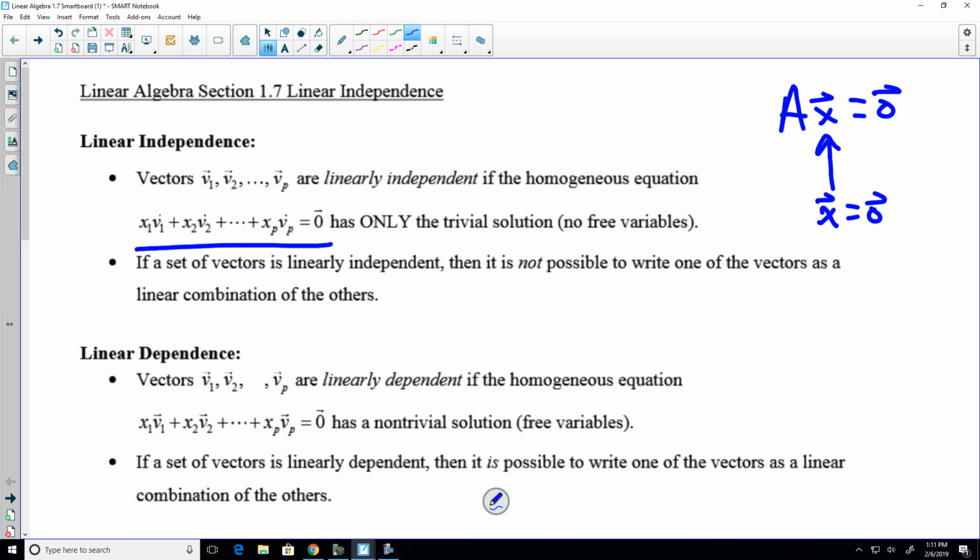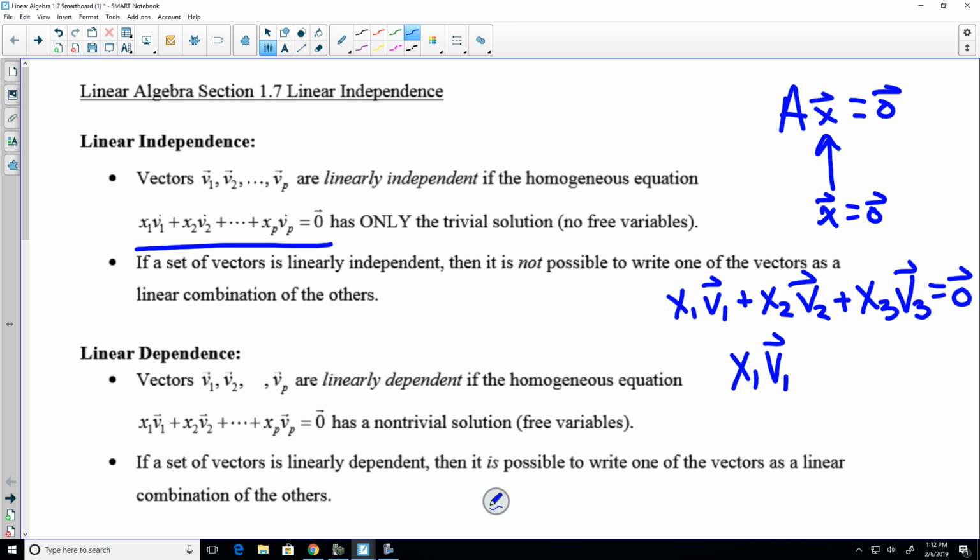So if the only way to make this equation work is to make all the scalar x's 0, then what does that mean for this equation?